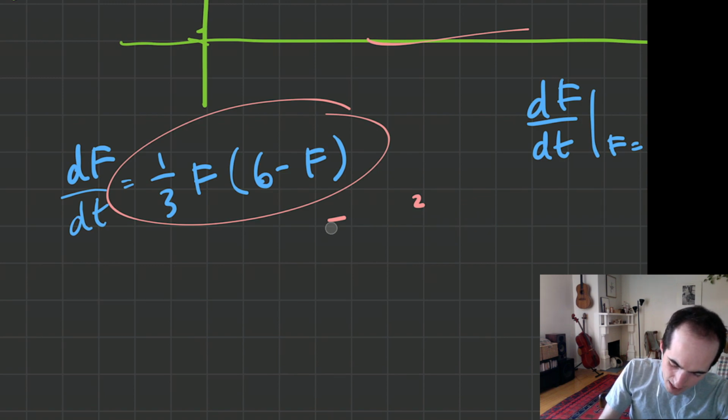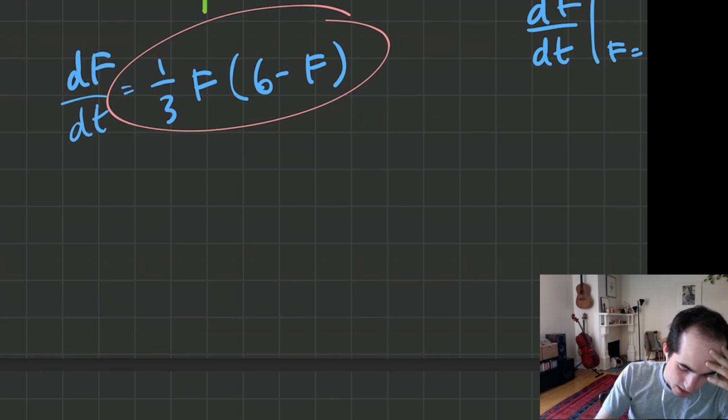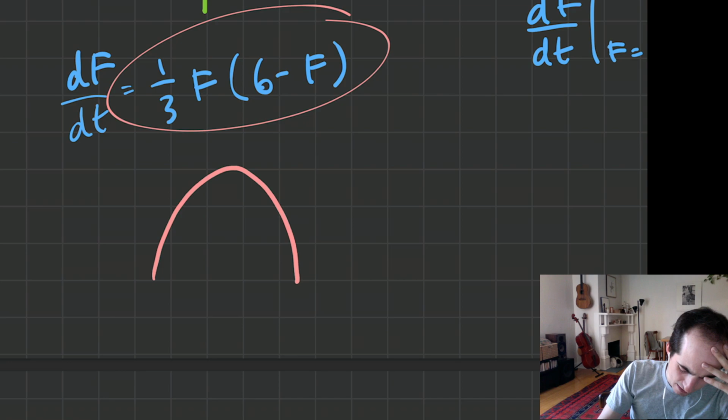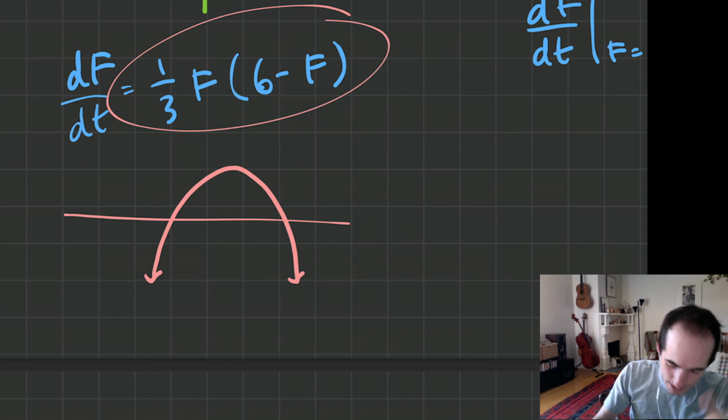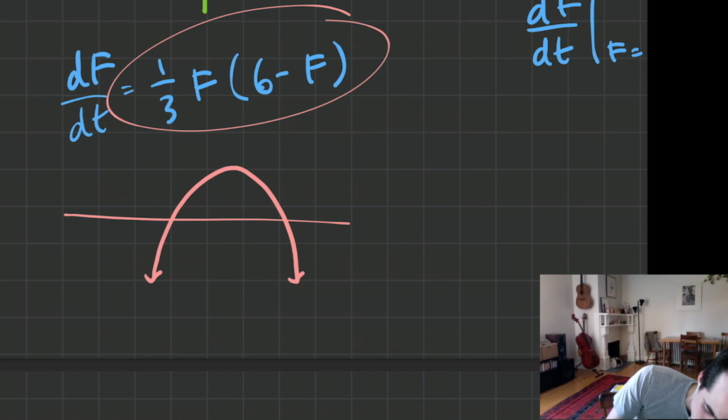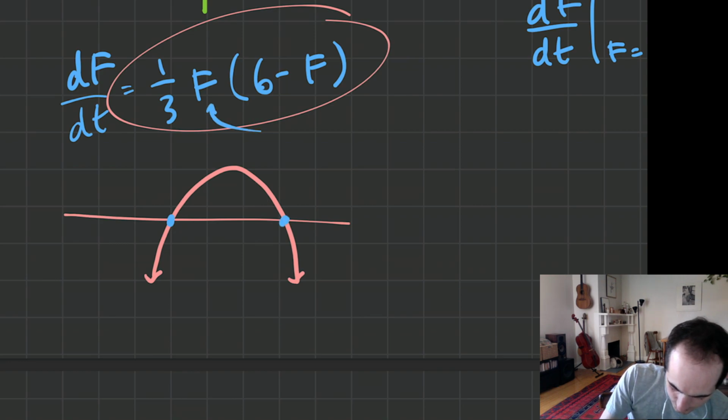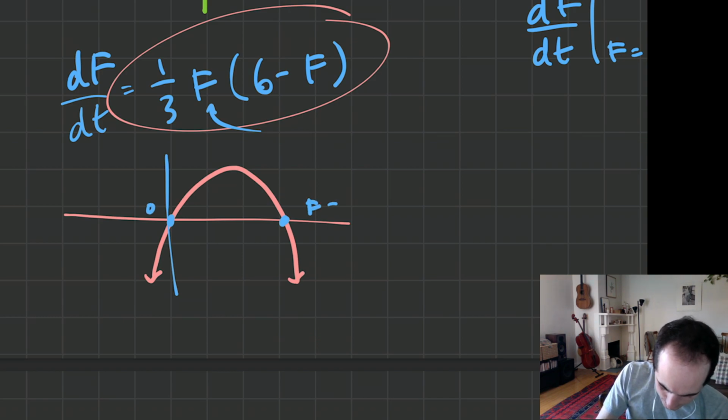So if you factor it, this is a quadratic equation. It may have been a while since you've done quadratic equations, but the stretch factor is negative 1/3, so it's pointing downwards. Its roots are when these factors are equal to 0, so when f is equal to 0 or f is equal to 6.